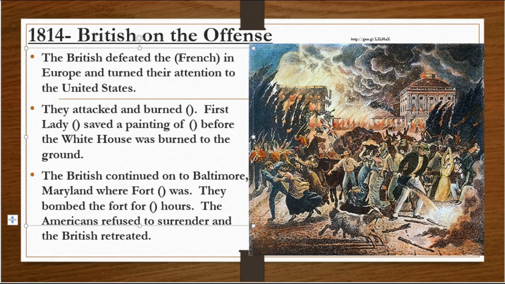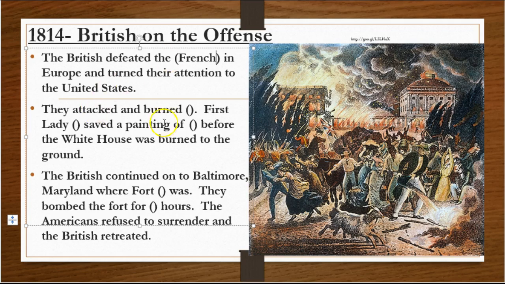At the beginning of the War of 1812, the first 2 years, the British are still fighting against the French in Europe, and so they kind of ignore the United States. We declare war against them, and they just ignored us. But 2 years later, in 1814, they finish off the French, and they come to America with their full power. And when they get here, they start to win many, many battles and defeat us easily.